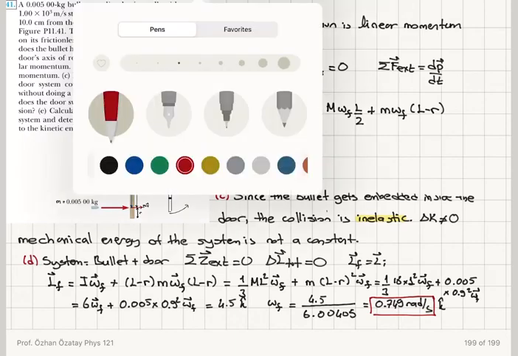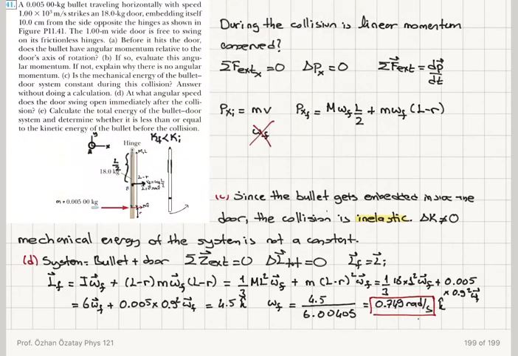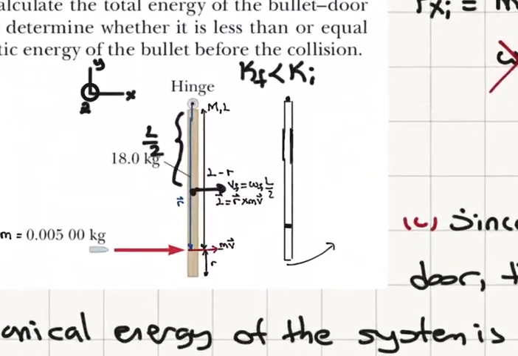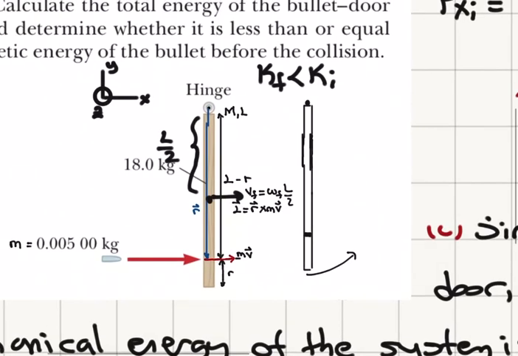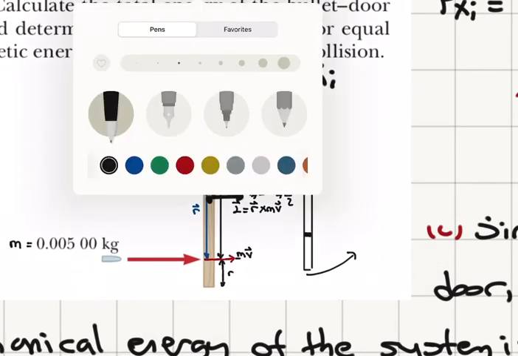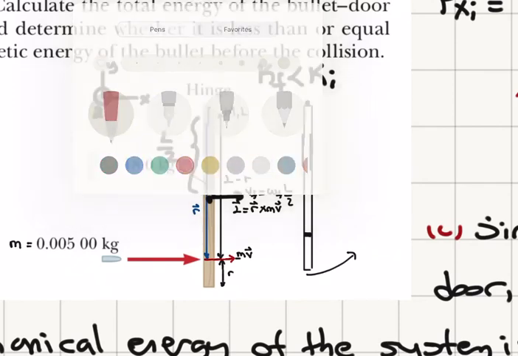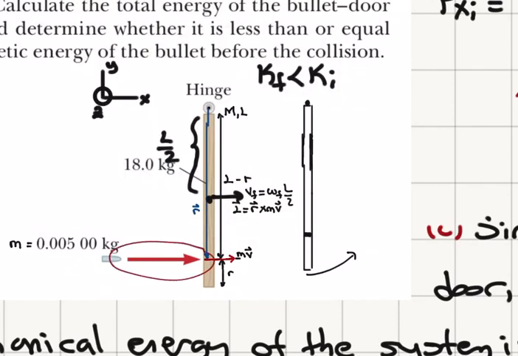So I leave to you as an exercise, if you equate these two, you will find that the omega final that you get from this calculation will not be the same omega final that I'm getting here. And why is that? Because if you really think about this carefully, when you have this impulse coming from this collision, so I have this impulse here, there is a force being applied for a certain period of time.